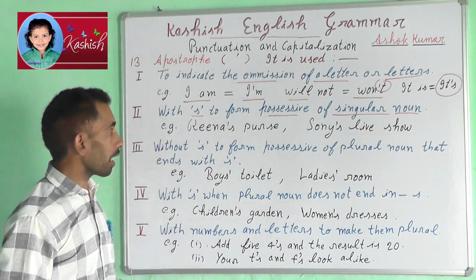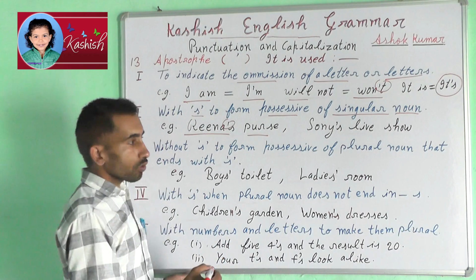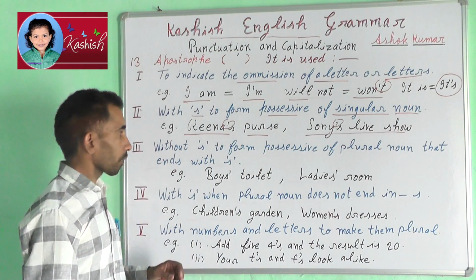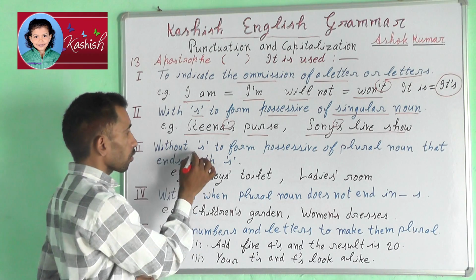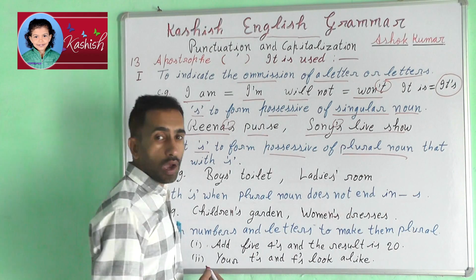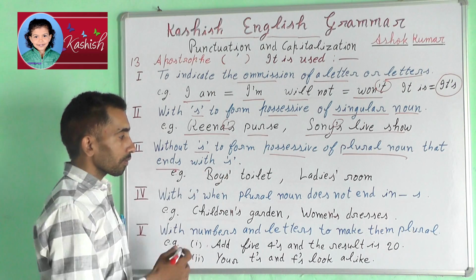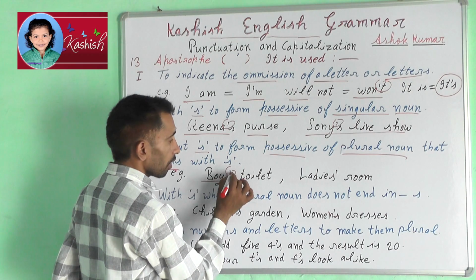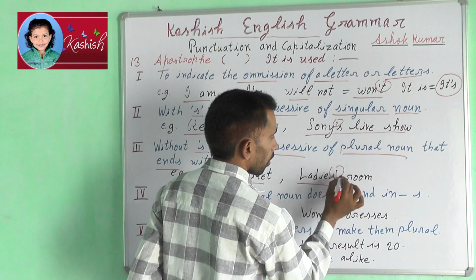For example, Rina's purse, Sony's live show. Third, without s to form the possessive of a plural noun that ends with s. For example, boys' toilet, ladies' room.